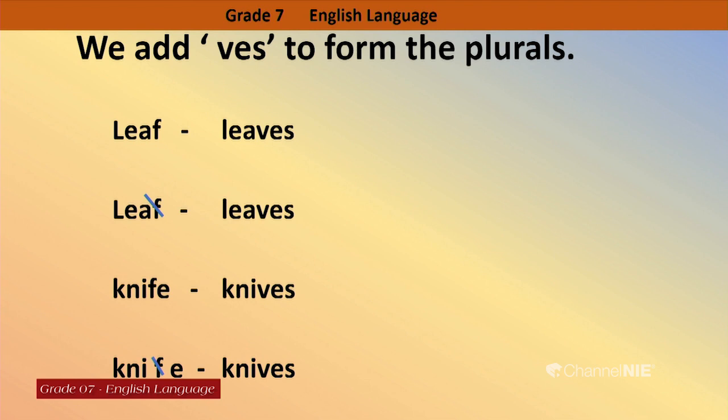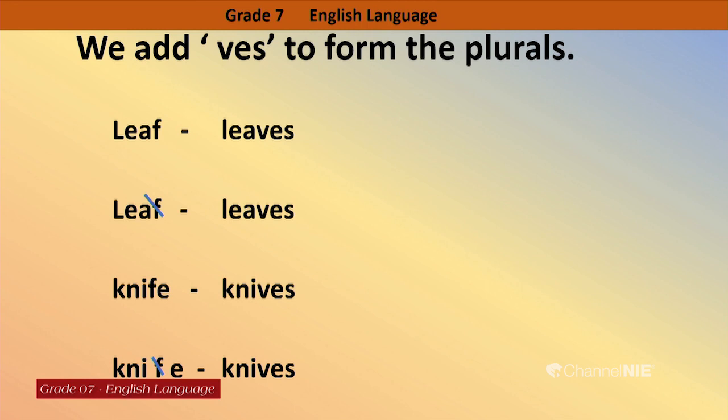Here, VES. Now look at the example that I have given. Leaf, leaves. Leaf, you know, and there are leaves. Look at how you make the word into the plural form. LEAF.